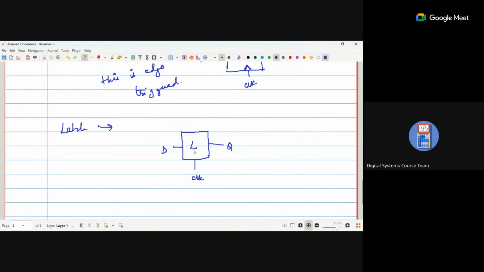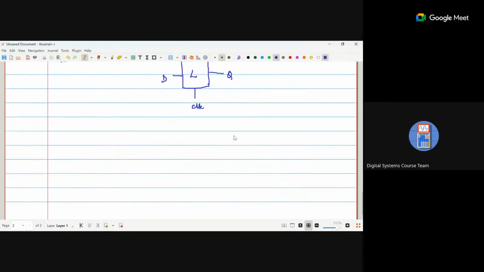And what is latch? Latch is level triggered. Level triggered as in, you have seen a clock signal, right? Now this is the clock signal.